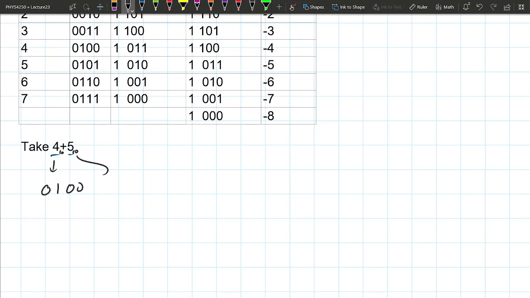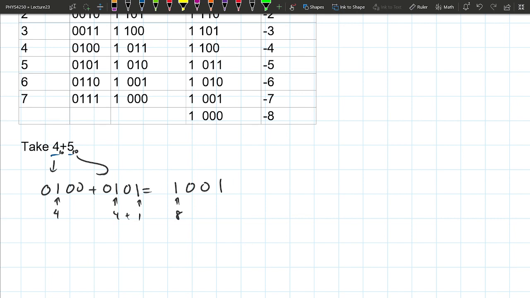And then 5 is 0, 1, 0, 1. The result of that is actually going to be 1, 0, 0, 1, because this bit represents 4, this one's 4, this one's 1. That's how I got those numbers. To get to 9, I need something in the 8th place.